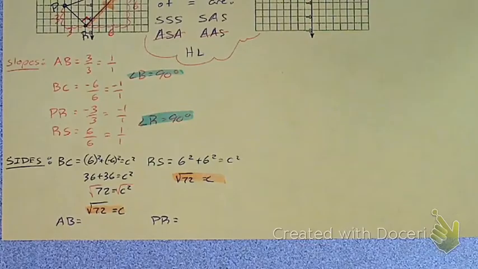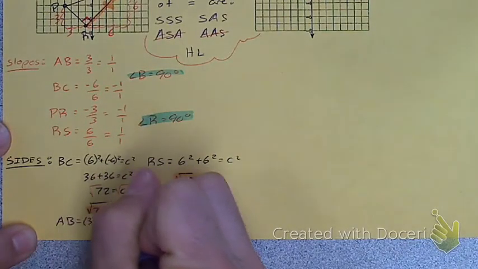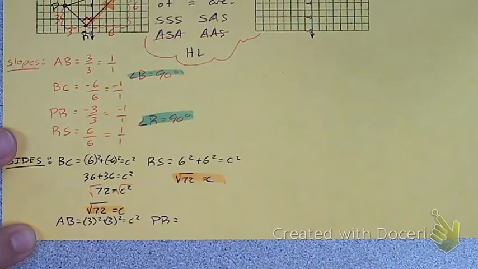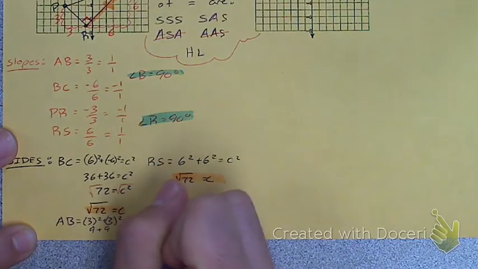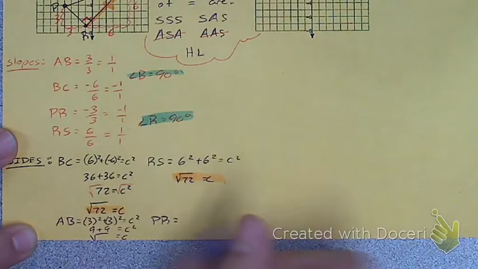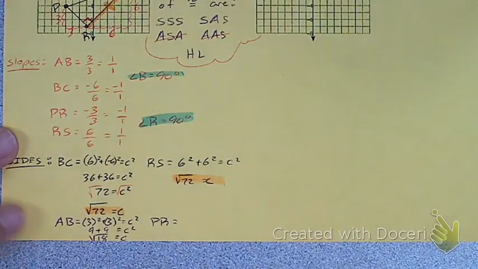Sorry. 3 and 3. What's 3 squared make? 9.